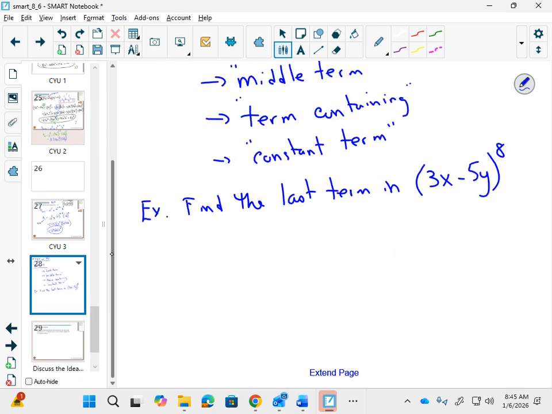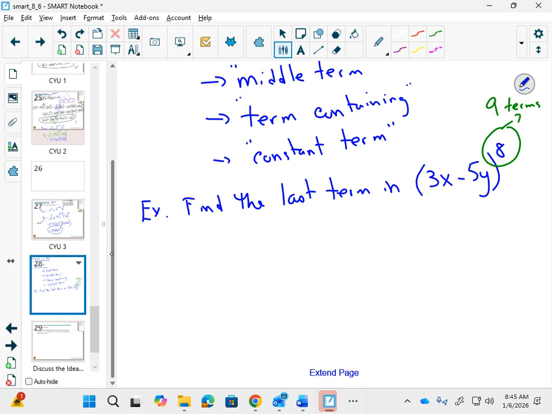It's a little bit more difficult than the question we just did. The question we just did said, find term 9. Told you exactly which one to find. This one you have to know how many terms there are in order to find the last one. How do we tell how many terms there are? The exponent tells us. How many terms are there? 9. So there are 9 terms.